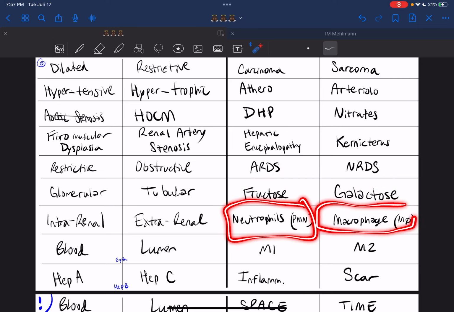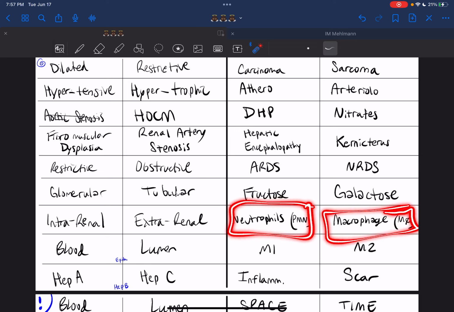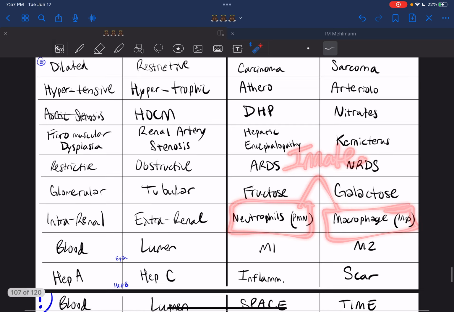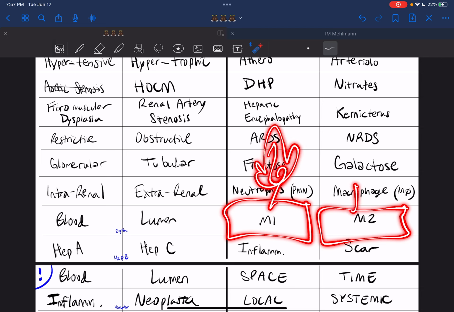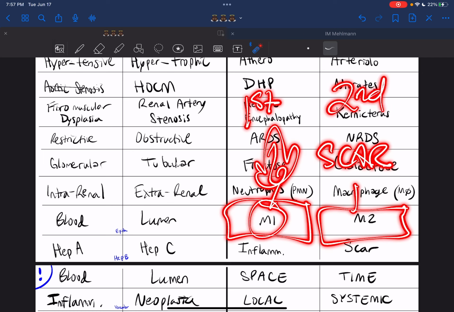Neutrophils versus macrophages. It's like acute versus chronic. The first responders versus the second responders of the innate immune system. M1 versus M2, the 2 types of macrophages. Inflammation versus scarring. The first step versus the second step.